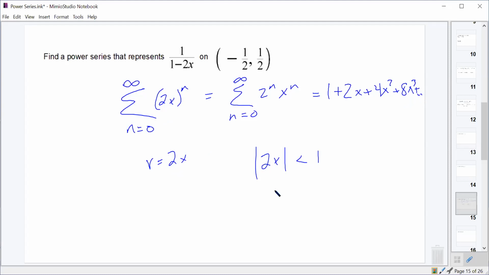So that would tell us that x is less than 1/2, greater than -1/2. So this one is only valid for that 1 unit of length between -1/2 and 1/2. Good or no? Wonderful.